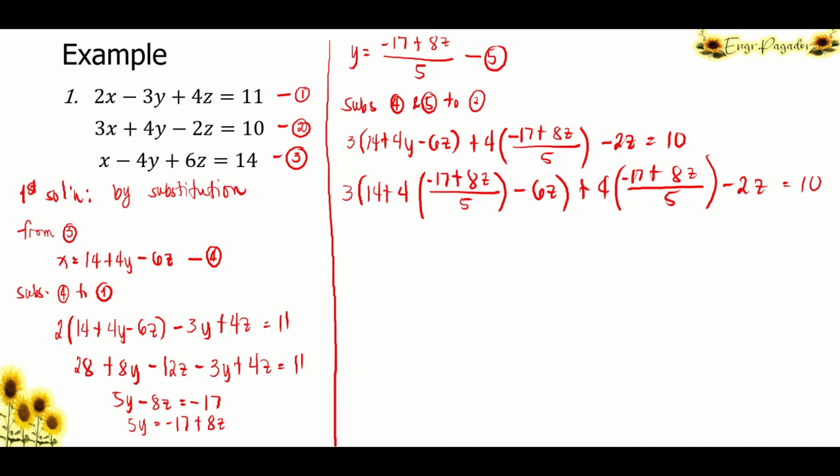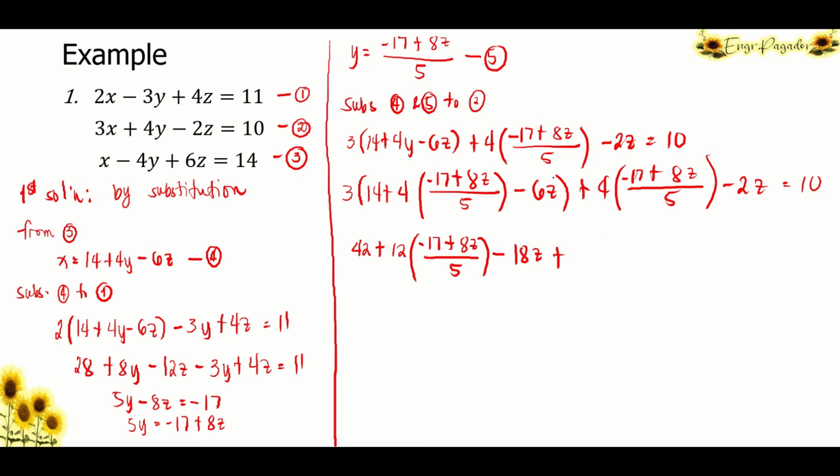So let us further simplify this one. 3 times 14, that is equal to 42, plus 3 times 4, that is equal to 12, multiplied by negative 17 plus 8z over 5, minus 3 times 6, that is 18z, and then plus 4 times negative 17, that is equal to negative 68.